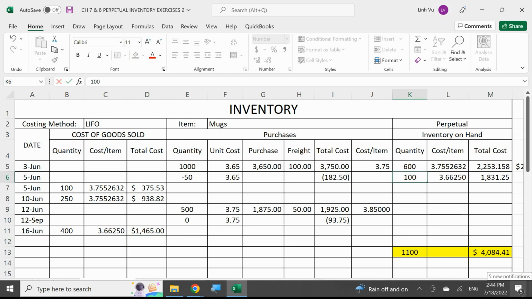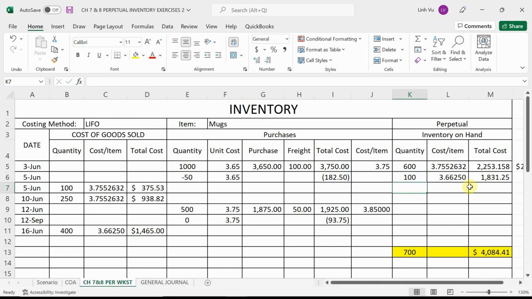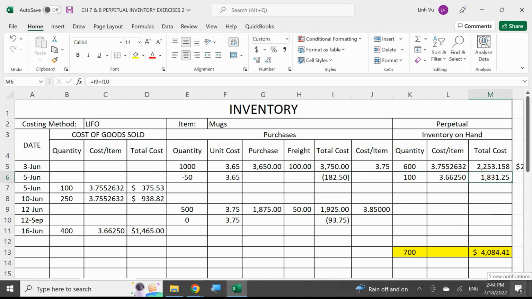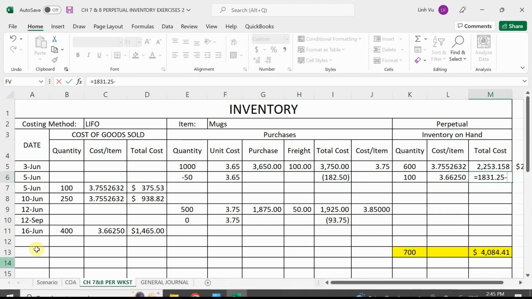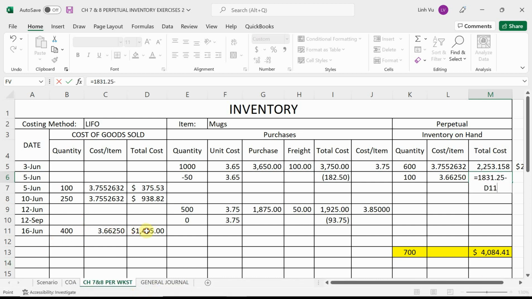Okay, good. So let's update my inventory because I still have 100 units left, right? And if I were to sell this, it was 1831.25, and I sold 1465. How much should I have left? 366.25.